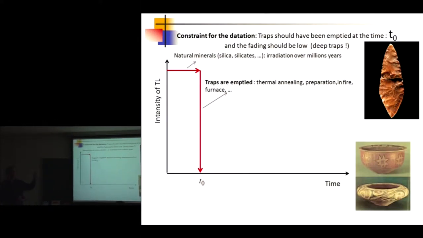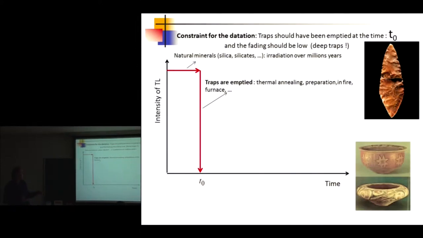Two thousand years ago, they were making the same kind of pottery. They made a fire, and they put the pottery in the furnace. It was a T0. At that time, all the traps coming from the raw material were released. So when they cook the pottery for the first time, it's T0, it's the beginning.